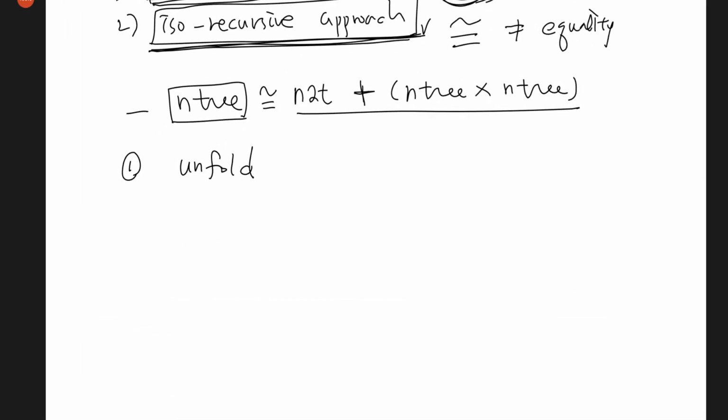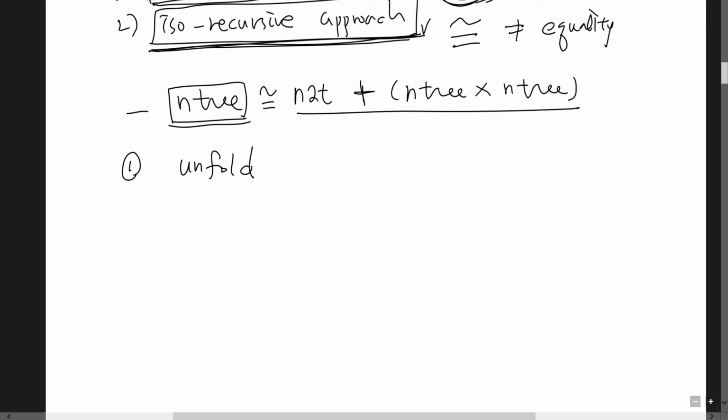So when you create a recursive type Nat3, the type system creates two functions for you. The first is unfold, specialized for this Nat3, and what it does is it unfolds.